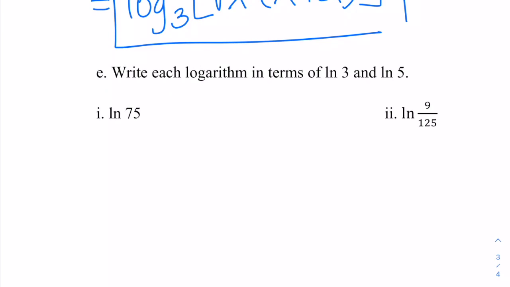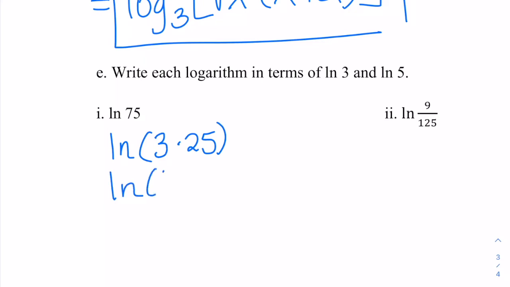Okay, we're going to simplify these logarithms in terms of natural log 3 and natural log 5. So that means we need to find multiples or factors of 3 and 5. When I see 75, we know that's 3 times 25, and 25 can be expressed as a power of 5.